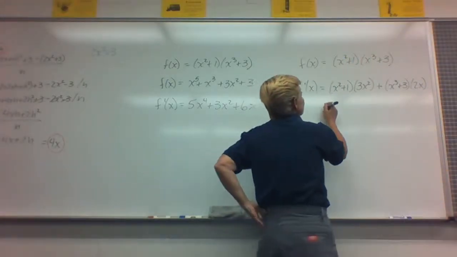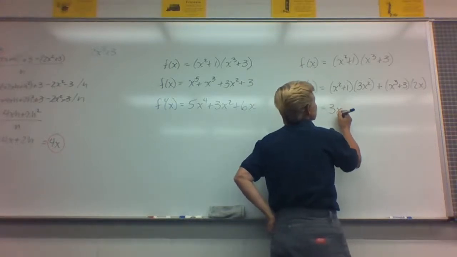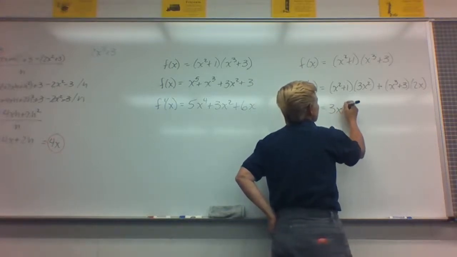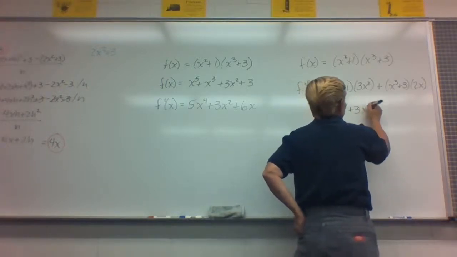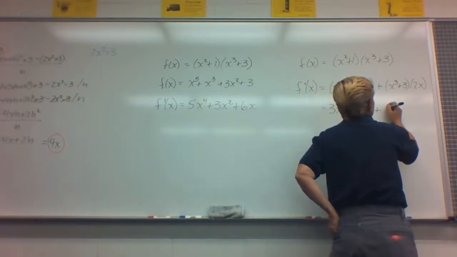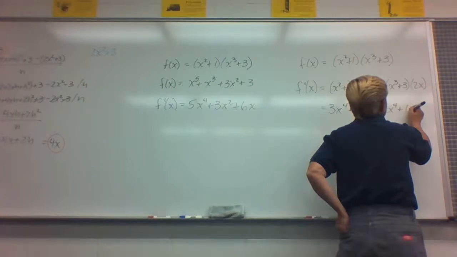Anyway, if we clean this up by distribution, we get 3x to the 4th plus 3x squared plus 2x to the 4th plus 6x.